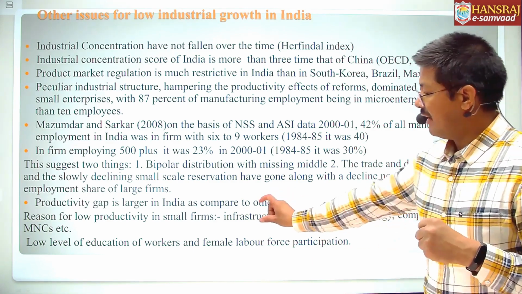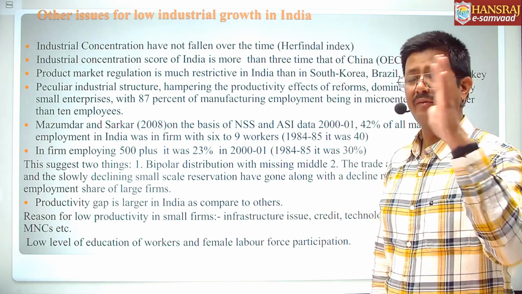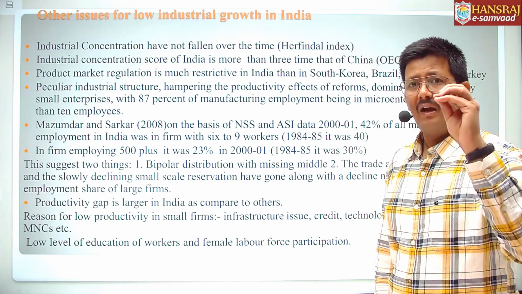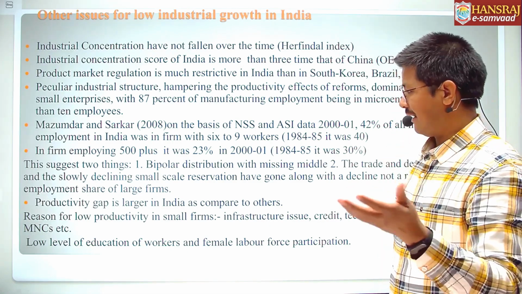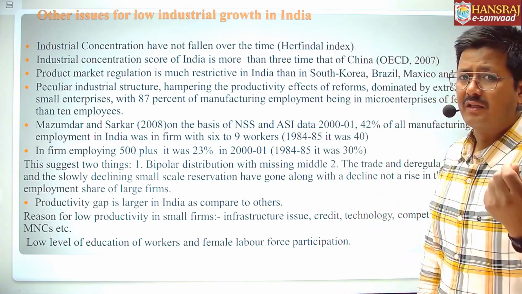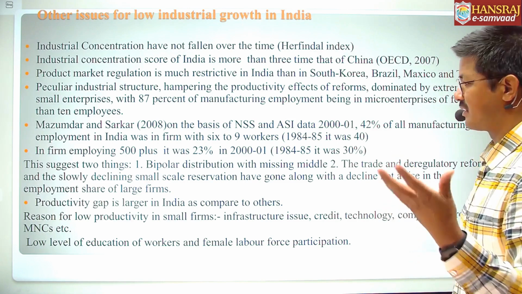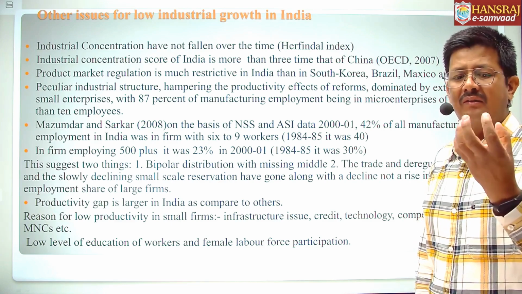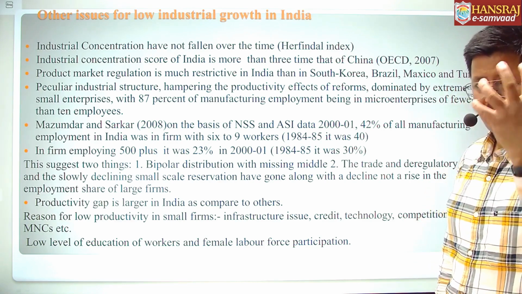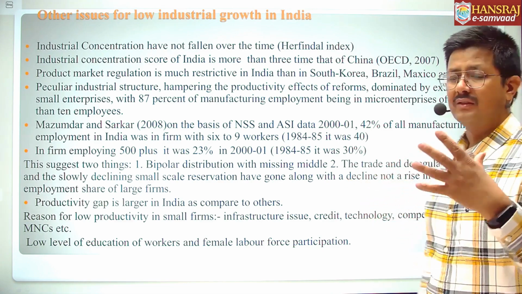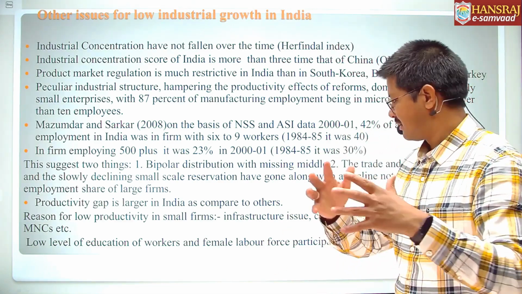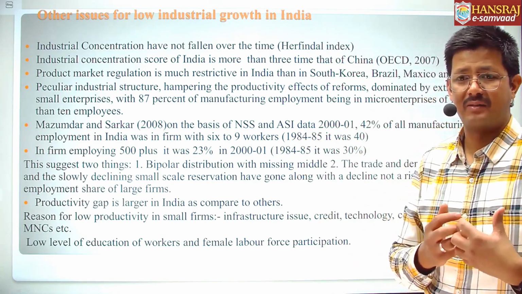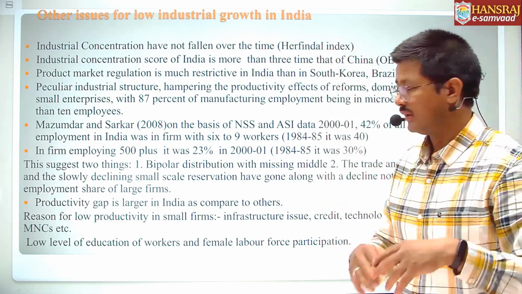So these are some reasons, rather than the labor laws. People argue that productivity in small scale manufacturing units is low because they are facing problems related to infrastructure, credit, technology, competition from big MNCs, and most importantly the workers' education, lack of skill, and the low female labor force participation in India as compared to China.